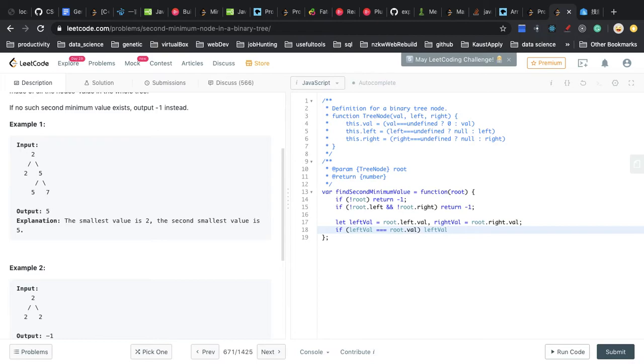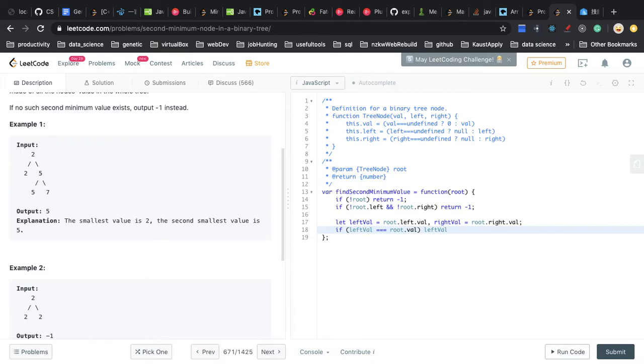Therefore, when the node value equals the root value, we go in the same direction to see if we can reach the next node that has a different value.